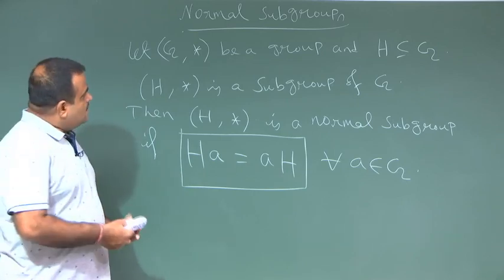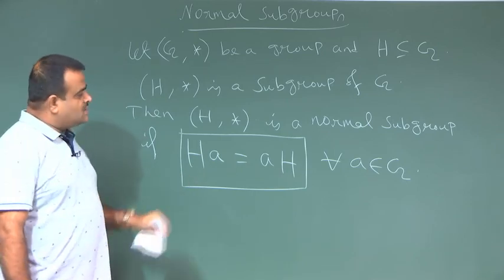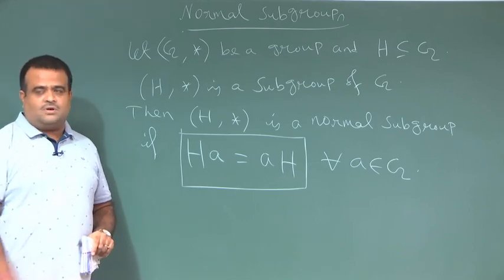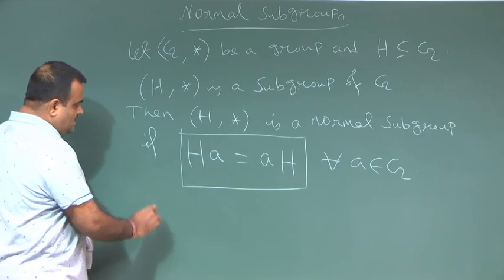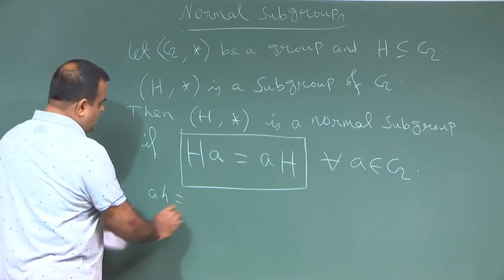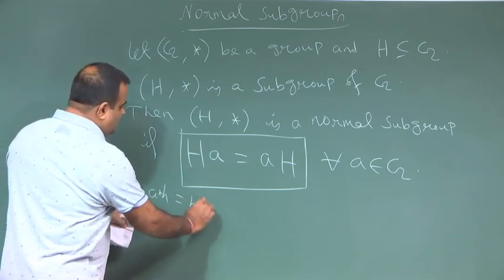Now, if G is commutative, then any subgroup is a normal subgroup, because if G is commutative, that is abelian, then h a is equal to a h.